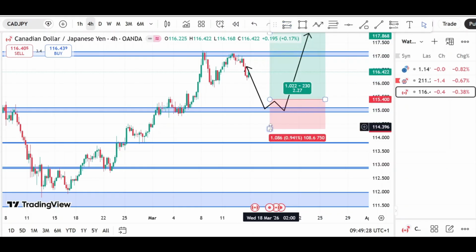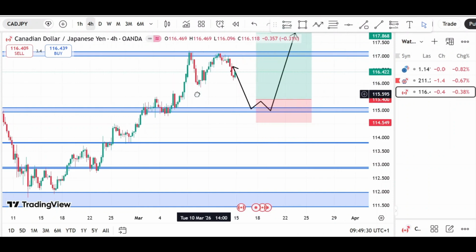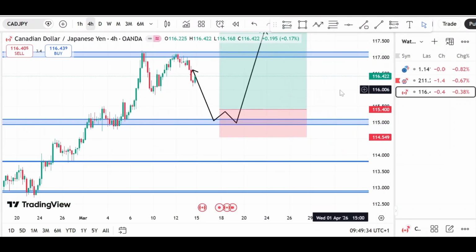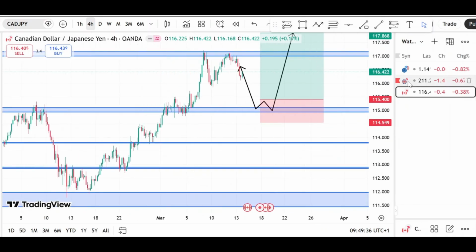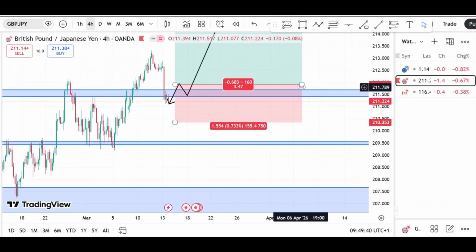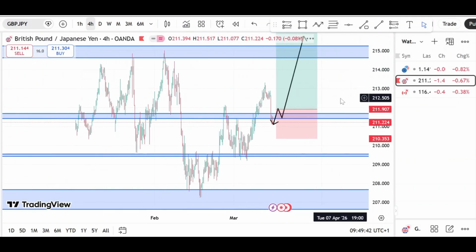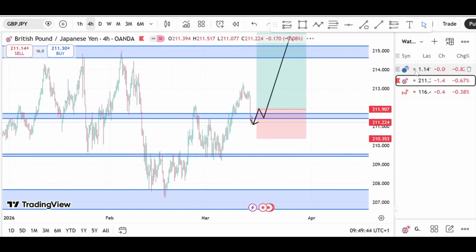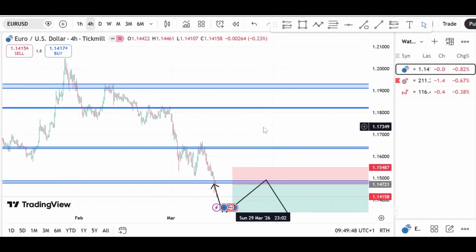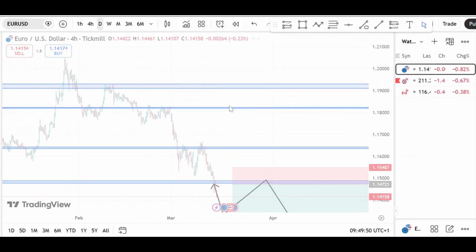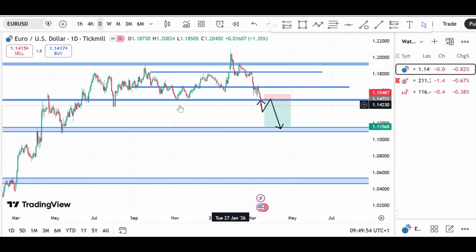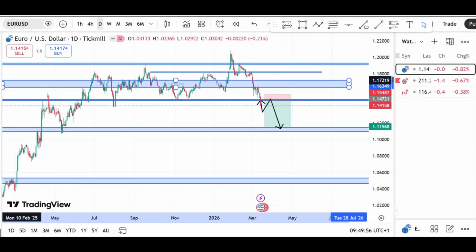So this is the setup we are waiting for, and this is the GBP JPY as I'm saying. This is GBP JPY also as I'm saying, and this is EUR USD I'm trying to show you. Let's show this EUR USD in daily time frame to see it clearly.